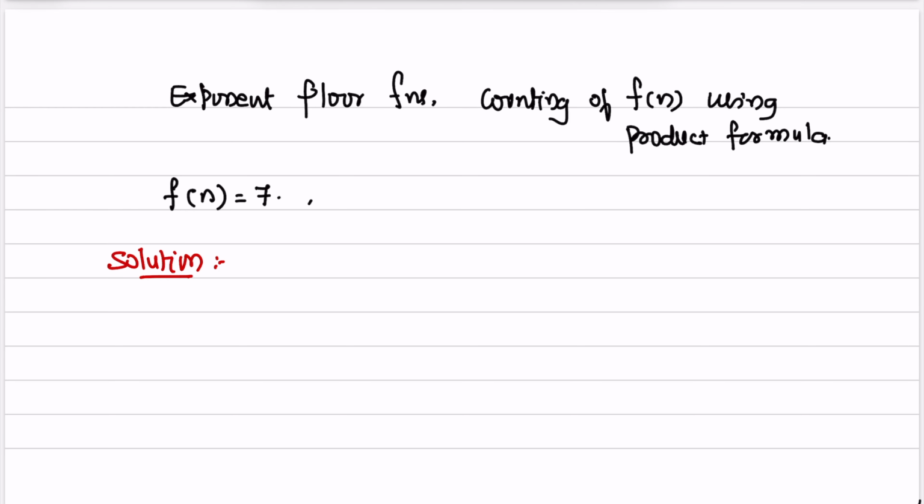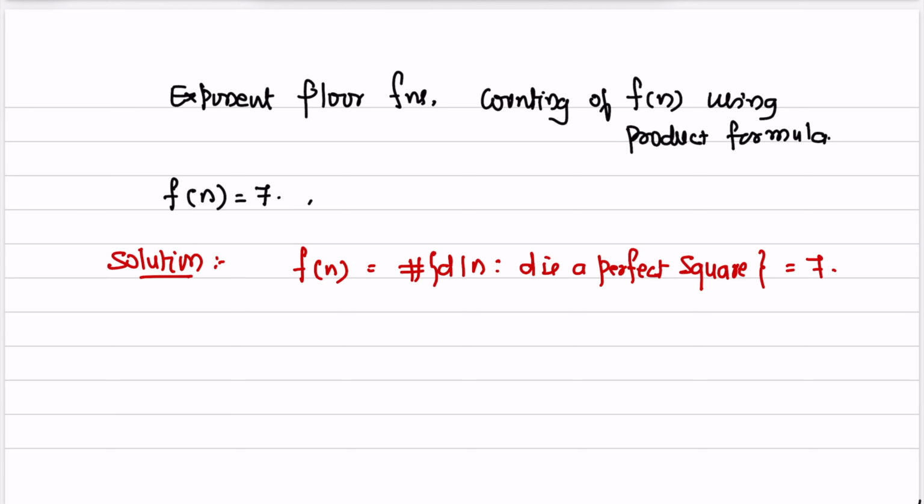Here f(n) is given as the number of elements in the set of d such that d divides n and d is a perfect square, d equal to k squared, and that is equal to 7. We have to solve this.